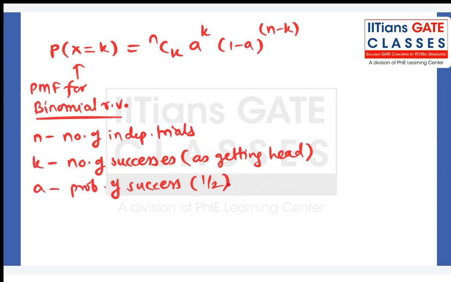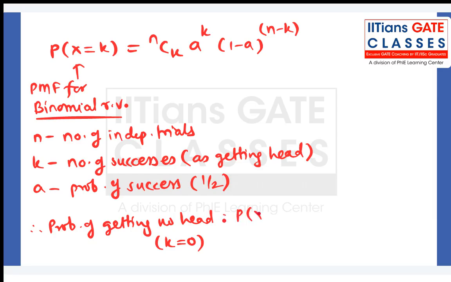So therefore, the probability of getting no head is nothing but you have to put k equal to 0. So that is P of X equal to 0. That will be nC0 half power 0, and 1 minus half is also half power n. So this nC0 is 1, so basically only 1 by 2 power n remains here.